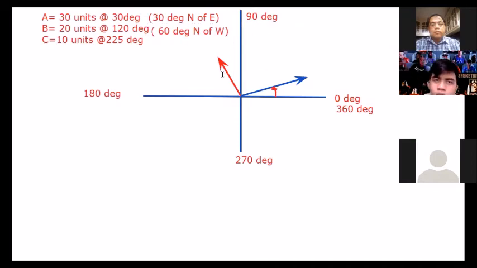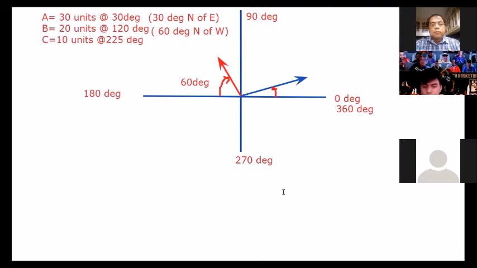If you measure it from the bottom going there, that's basically 60 degrees. You'll notice 60 plus 30 on top gives 90.